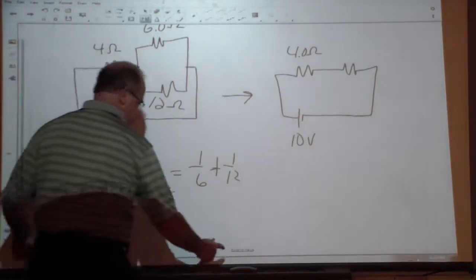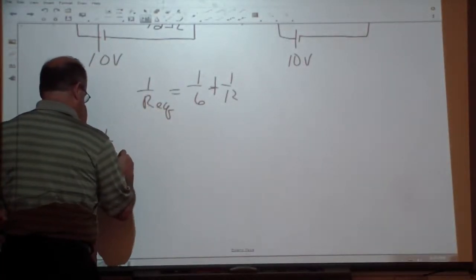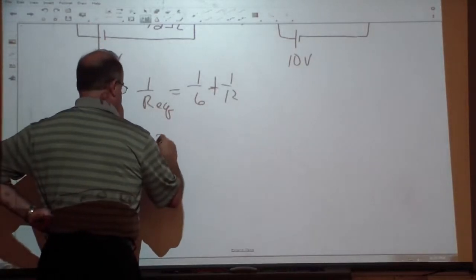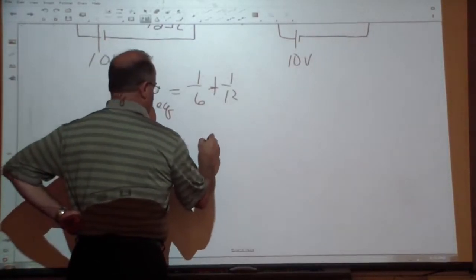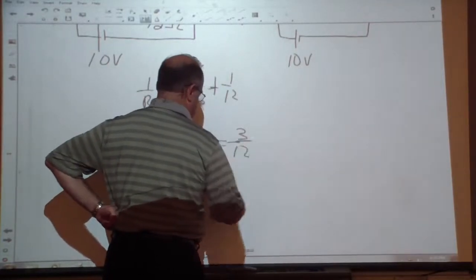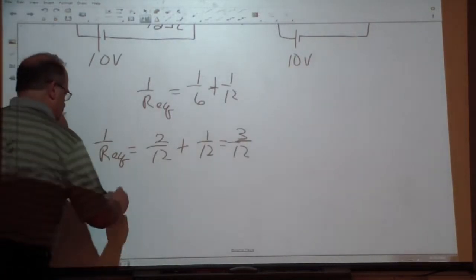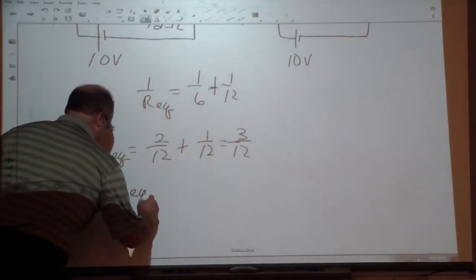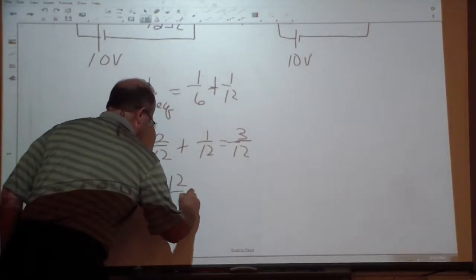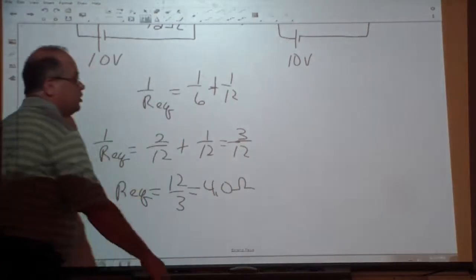So we have 1 over R_eq equals 2 over 12 plus 1 over 12, which equals 3 over 12. We're going to flip them. So that means R_eq equals 12 over 3, which is 4 ohms. That's your R_eq, those two in parallel.